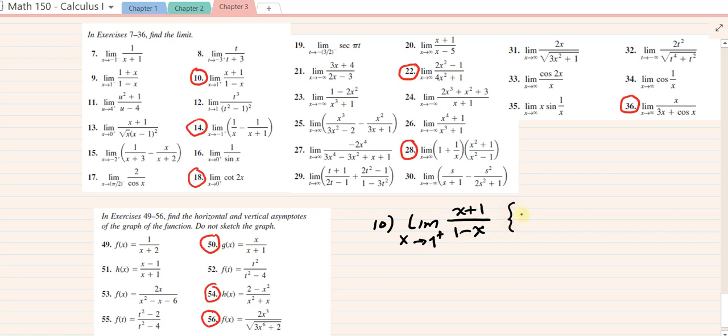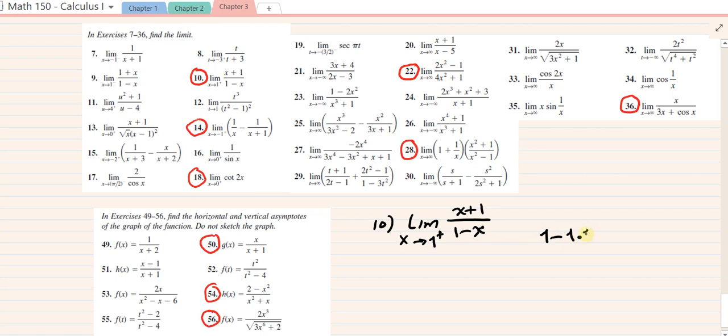Right now it's in the form of 2 over 1 minus 1, which is 0. 2 over 0 is undefined, right? It is not an indeterminate form, by the way, but if we have a number divided by 0, which is undefined, in terms of limits that means the answer is going to be either infinity or negative infinity. Now, because we're approaching 1 from the right, look at the denominator.